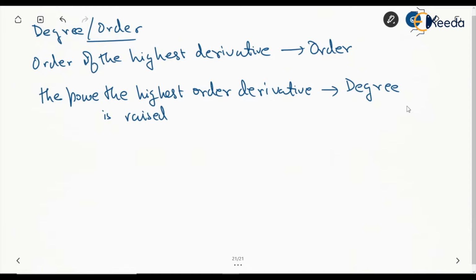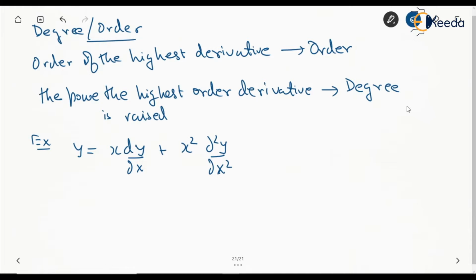For this we need to rationalize the differential equation present. For example, let's say we have y equal to x dy by dx plus x square d2y by dx square.